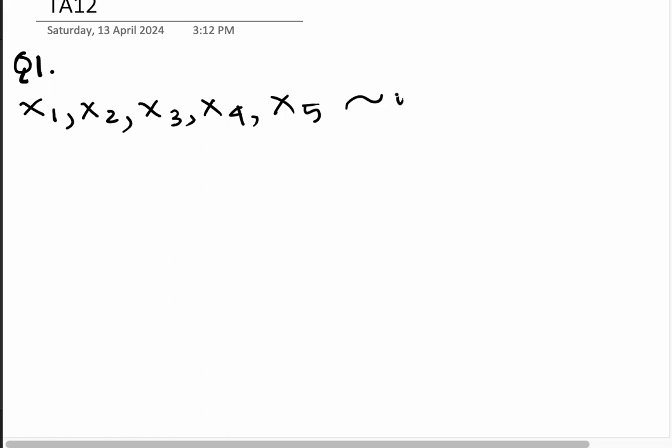So first, question 1. Question 1 is the following. Let X1, X2, X3, X4 and X5 be IID random variables following a Binomial(1, p).